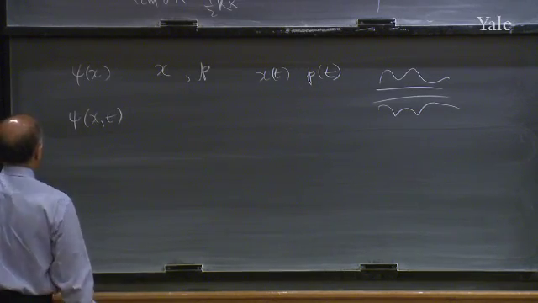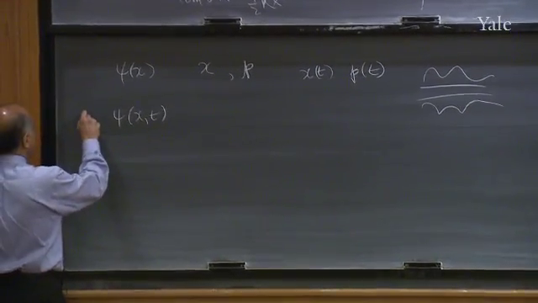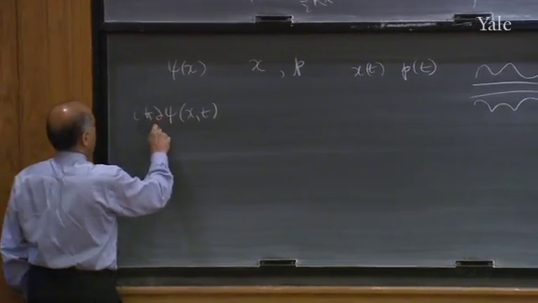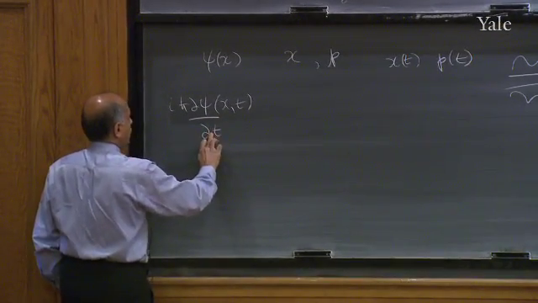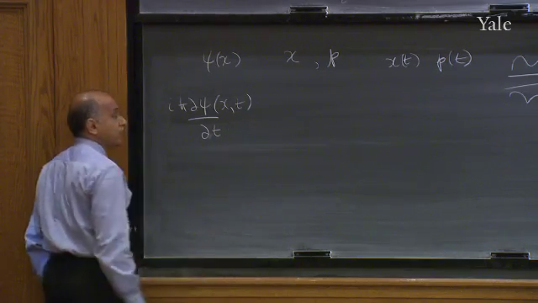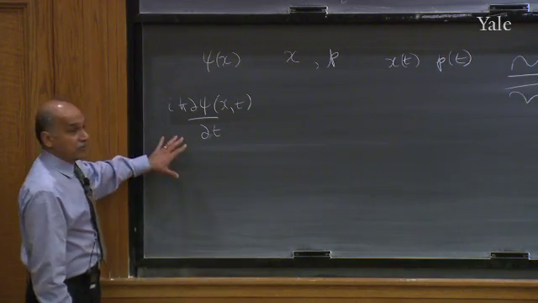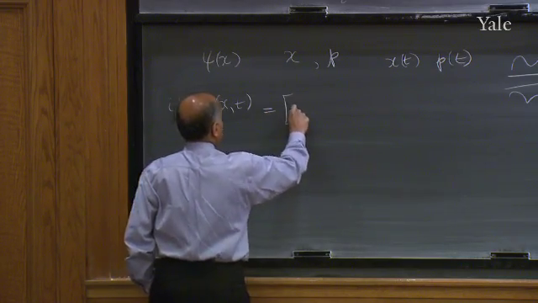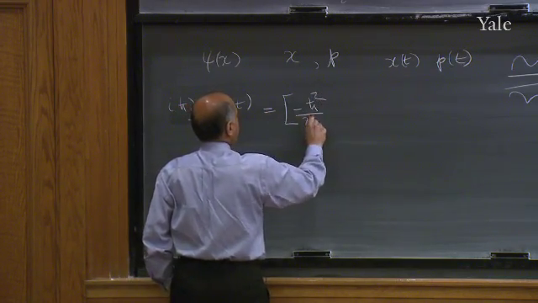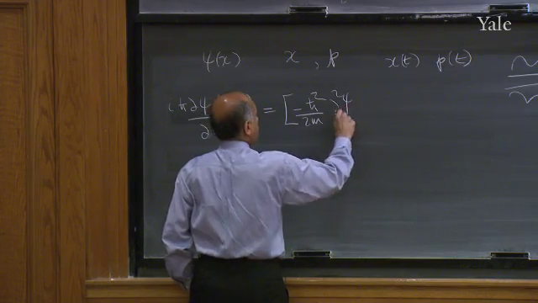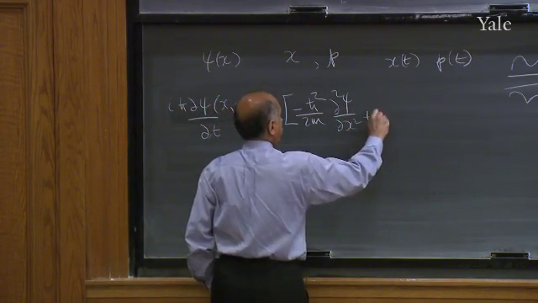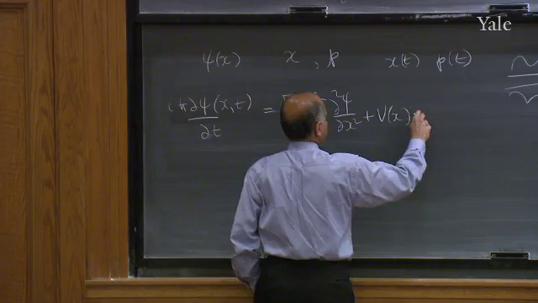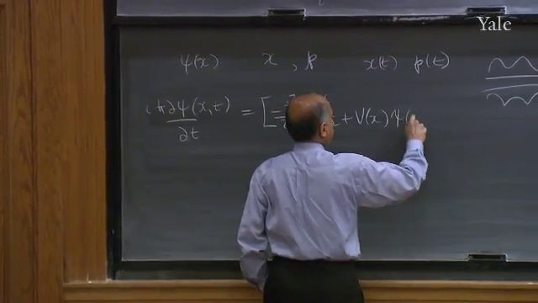So this is the great Schrodinger equation. It says i h bar, partial derivative with respect to time. It's partial because this depends on x and t. So this is the t derivative, and it is equal to the following: minus h bar squared over 2m, d2 psi over dx squared, plus V of x psi of x and t.